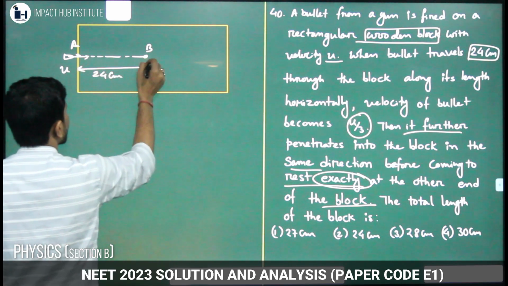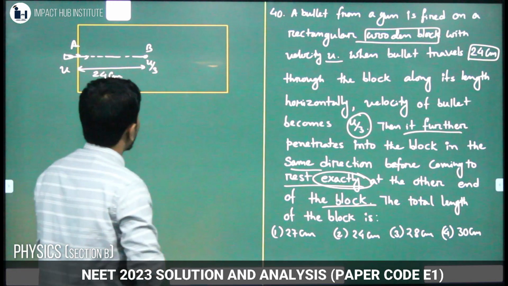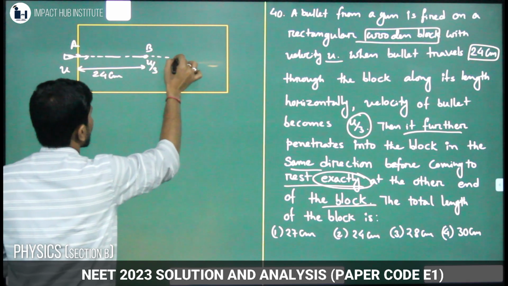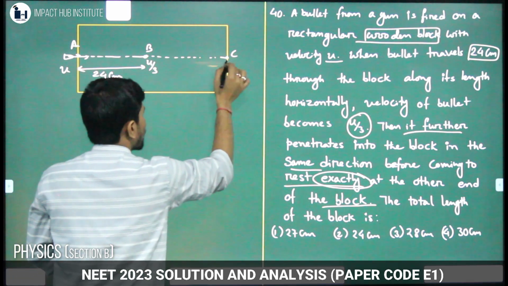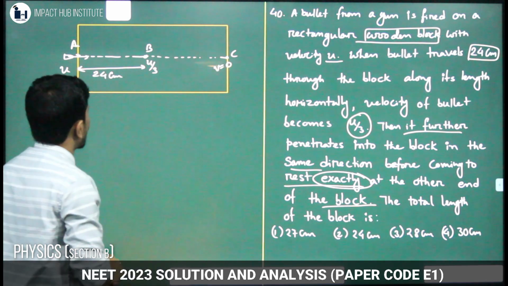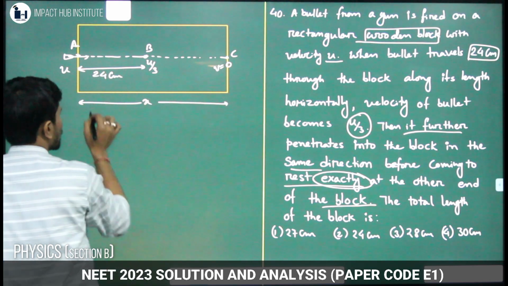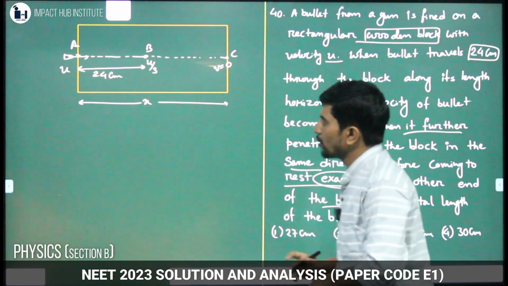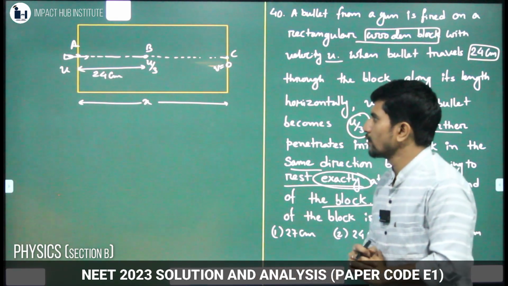At this point B, the speed of the bullet becomes u by 3. Then according to the question, it goes on, and at C the bullet comes to rest. It means the speed becomes 0. We are supposed to calculate the total length of this wooden block, which will be equal to the total distance traveled by the bullet inside the wooden block.